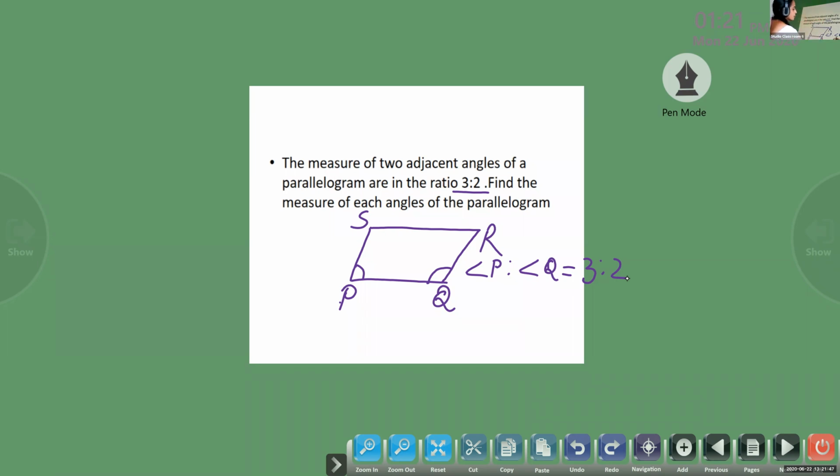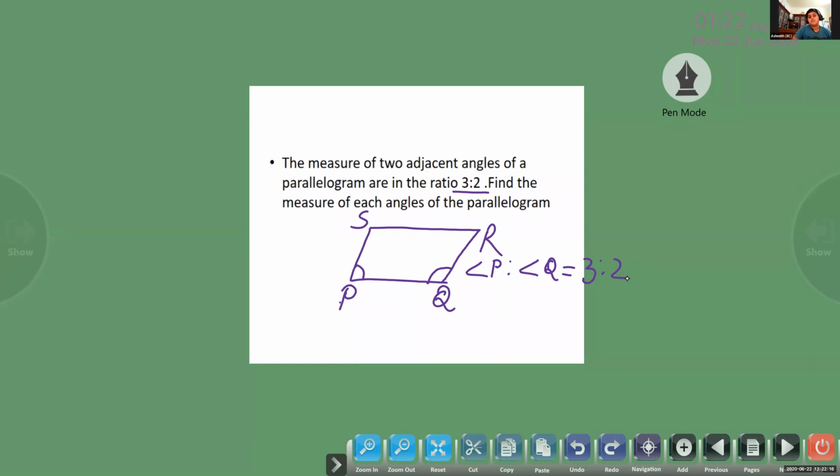Okay, so angle P is to angle Q equal to 3 is to 2. But we know that the sum of adjacent angles of a parallelogram is equal to what? Supplementary. Supplementary means 180.